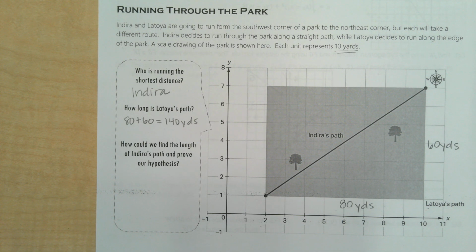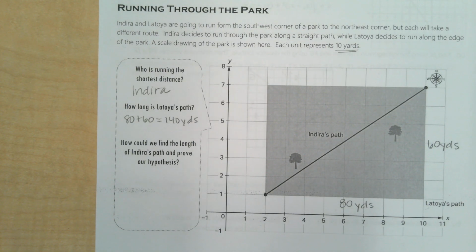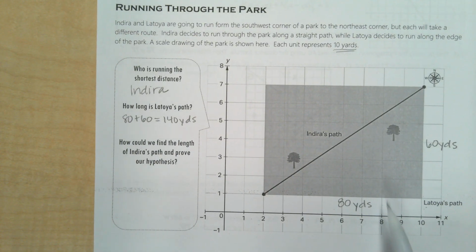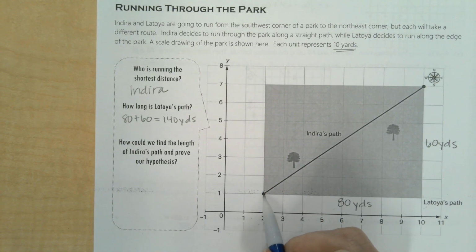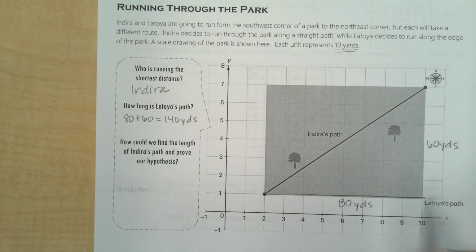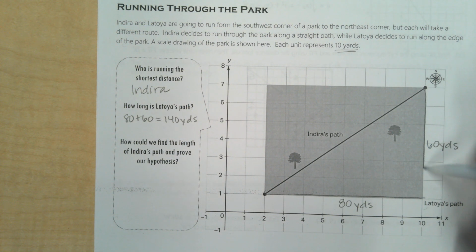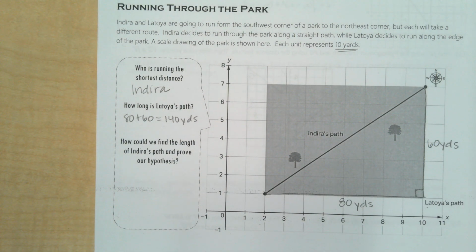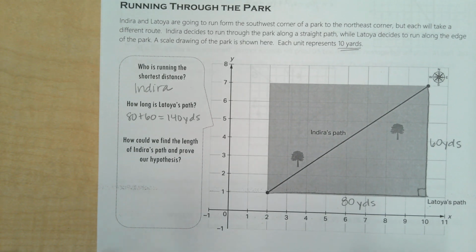Yes, we can use the Pythagorean theorem. We can also use the distance formula, but for this instance, since we're on a coordinate plane, we can use the Pythagorean theorem because if you look at Latoya's path, and we highlight that, we have a right triangle. And since we have a right triangle, we can use the Pythagorean theorem.